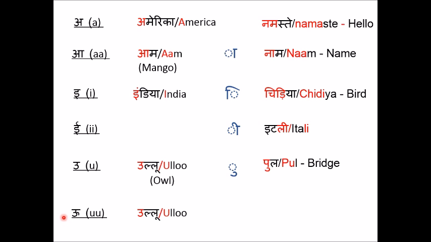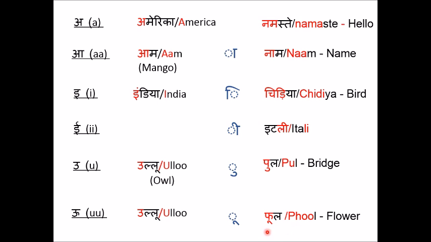Then the next vowel we have is oo, which is just double, like two times u. It is slightly different from the previous one, where you see this extra curve on the u, which doesn't usually change much. For example, I have the same example, ullu. However, when you add this vowel to the consonant, you add this symbol underneath the consonant, which is slightly opposite to the u we saw previously.